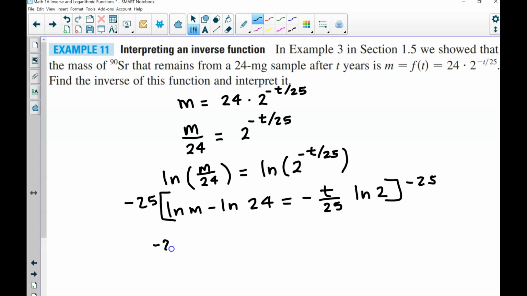So we have negative 25 times the natural log of m plus 25 times the natural log of 24, and that's equal to t times the natural log of 2.